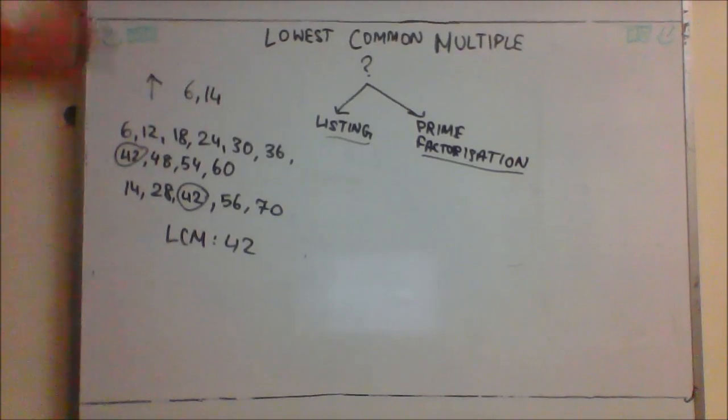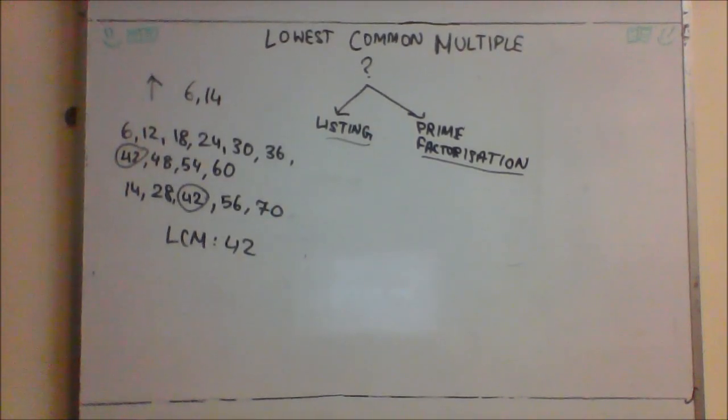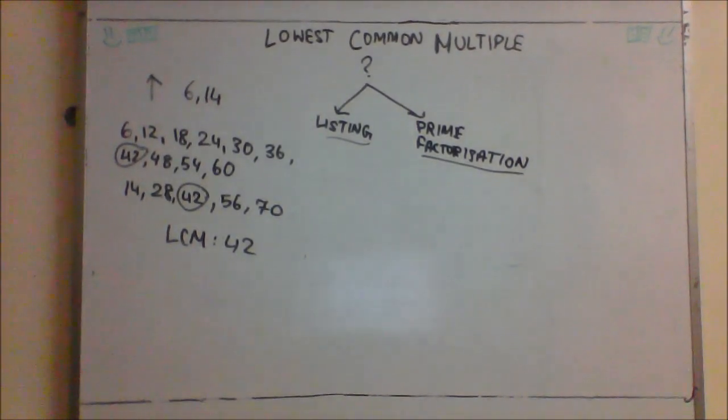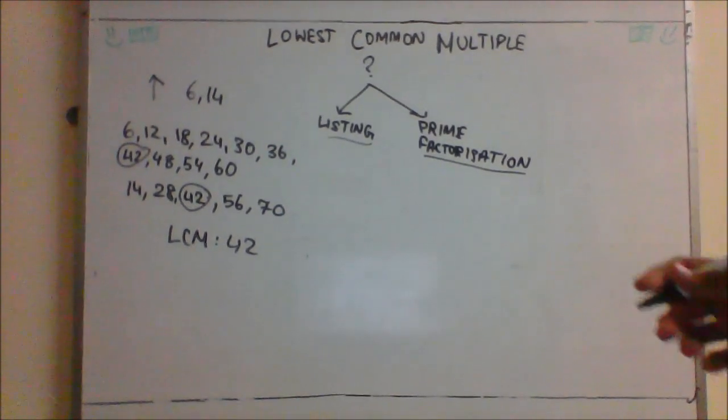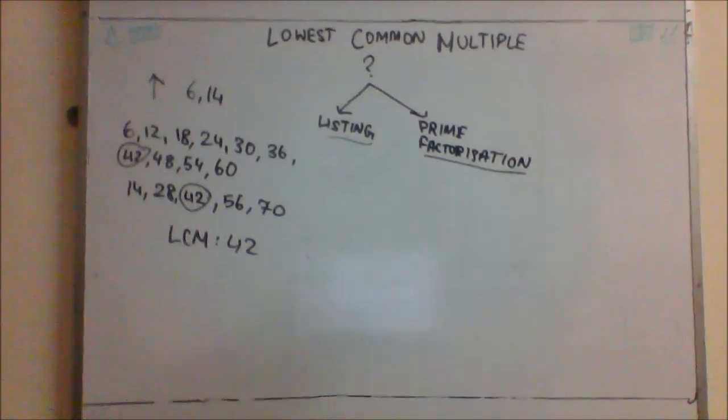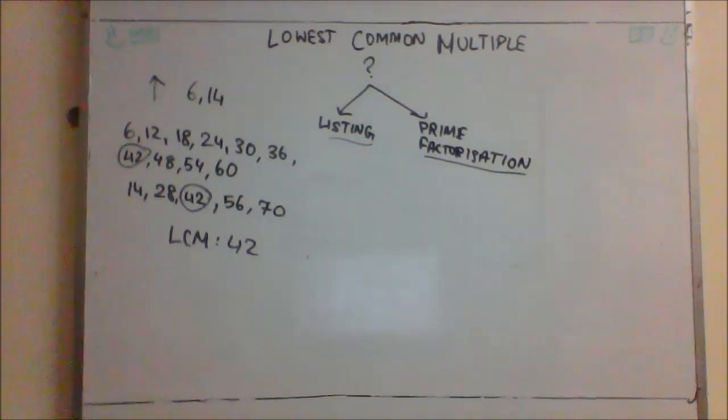Now let's take the same 6 and 14 in prime factorization. In prime factorization, we'll do short division, but with only prime factors. It is our choice to choose the divisor.